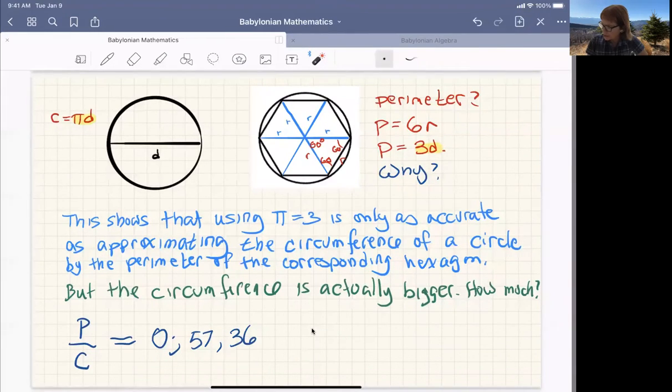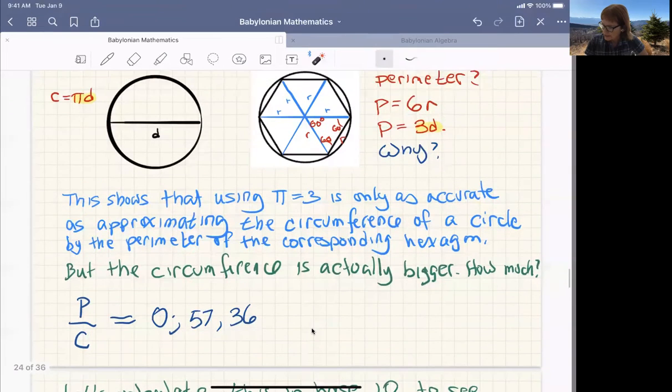So if we calculate the ratio of the perimeter of the hexagon to the circumference of the circle, the claim is we get the base 60 number, 57 36.